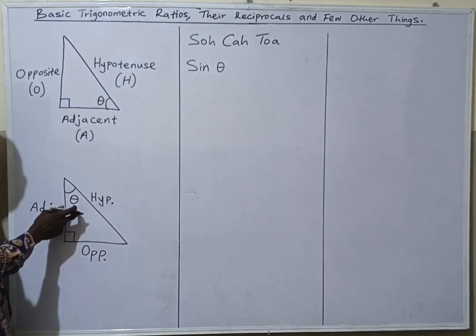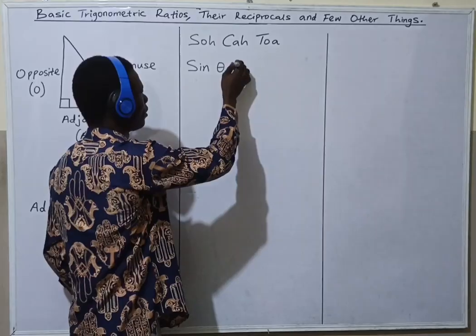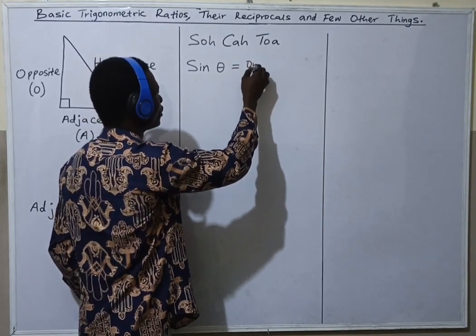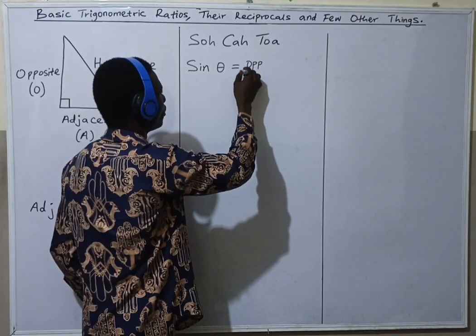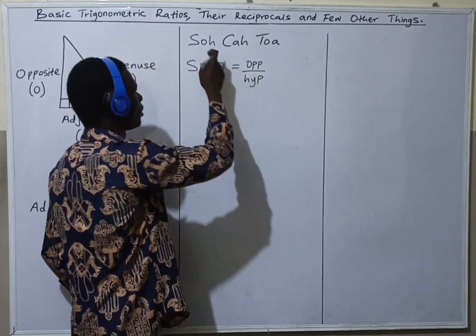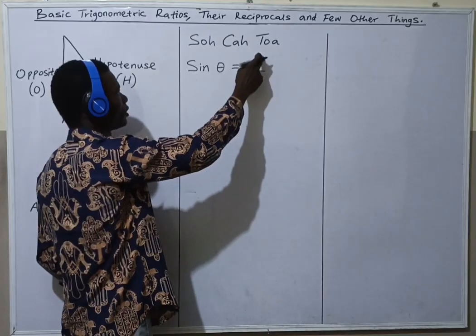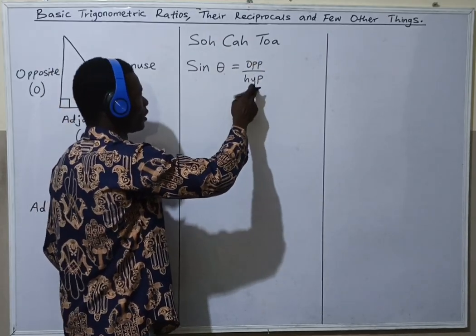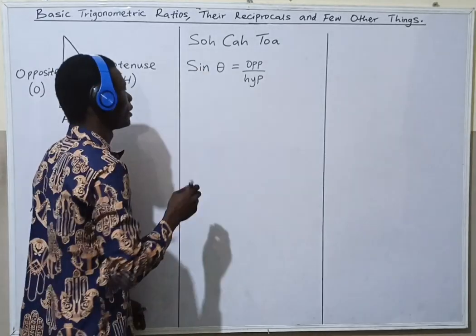Sine of angle theta is the ratio of the opposite over the hypotenuse. That is why we have O for opposite and H for hypotenuse. So the ratio of the opposite to the hypotenuse is sine theta.